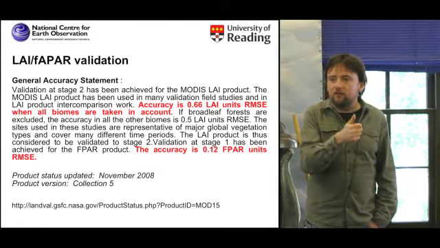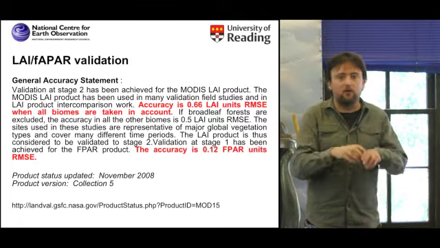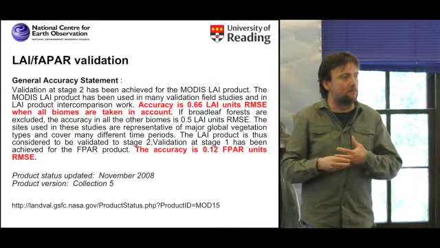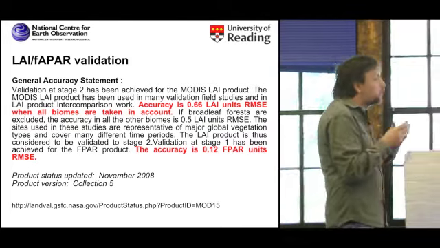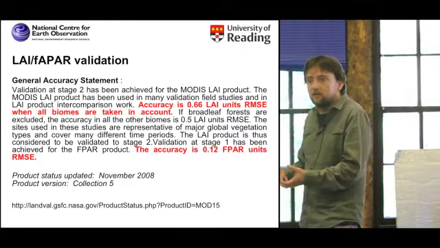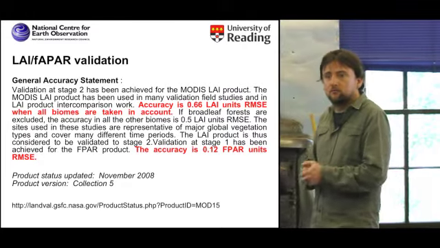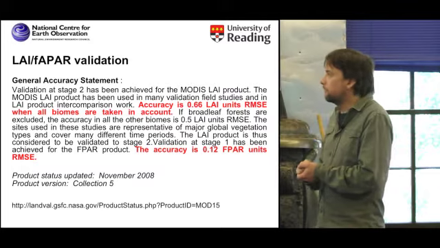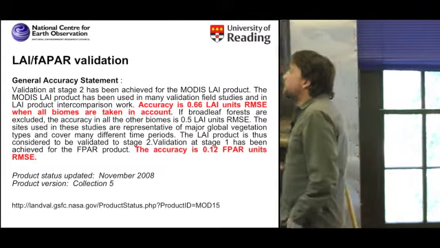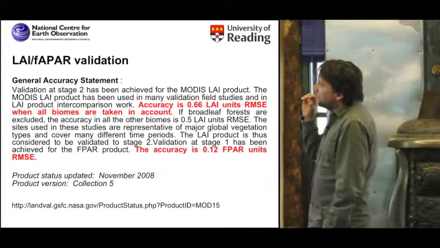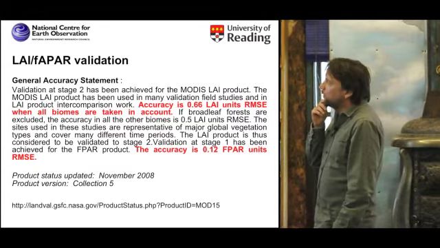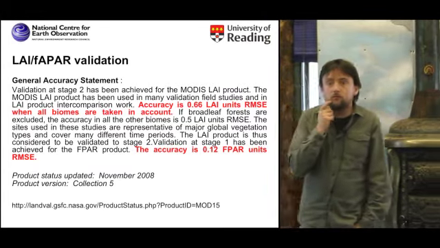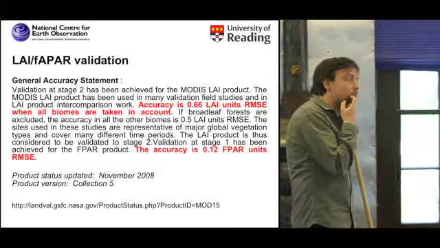It will be, generally speaking, more accurate for less dense canopies. So it's probably going to do better for savannas than it will do for rainforests. And the accuracy in FAPAR is about 0.12 root mean squared error.